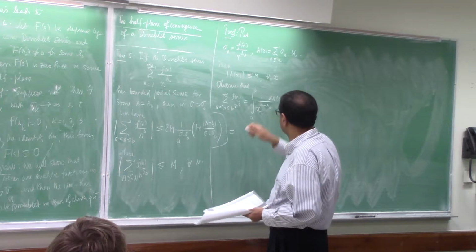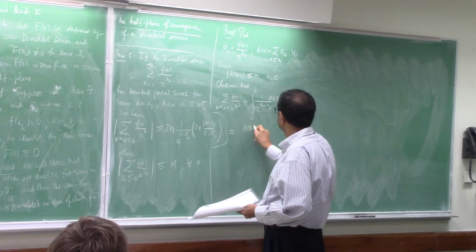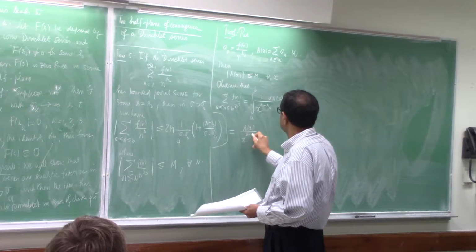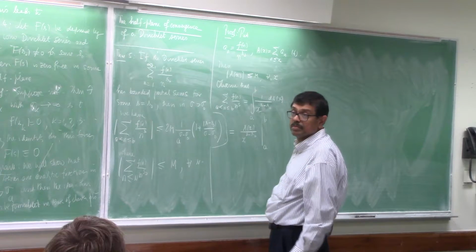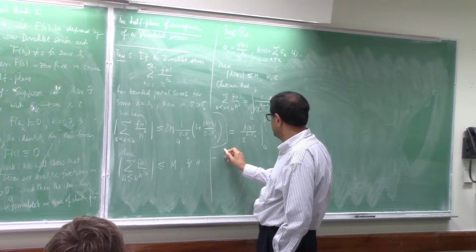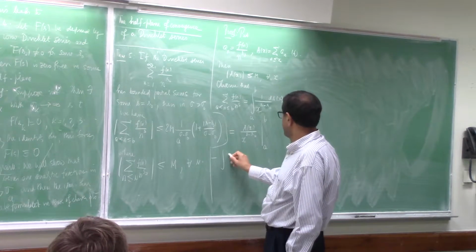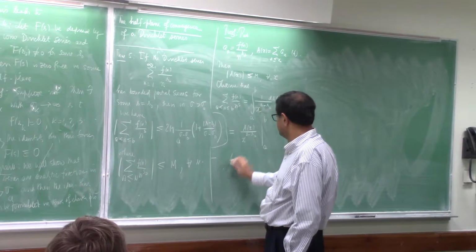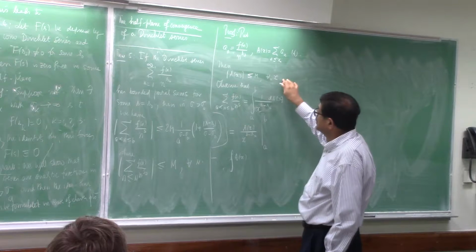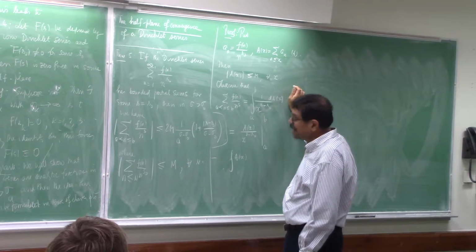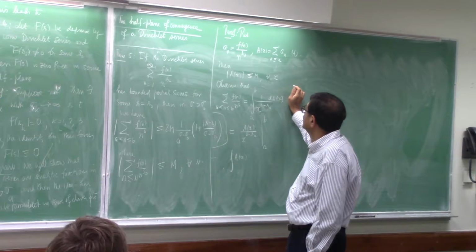So this is equal to A of x over x to the s minus s naught, evaluated between a and b, minus the integral of A of x. Now this is x to the power minus s naught.